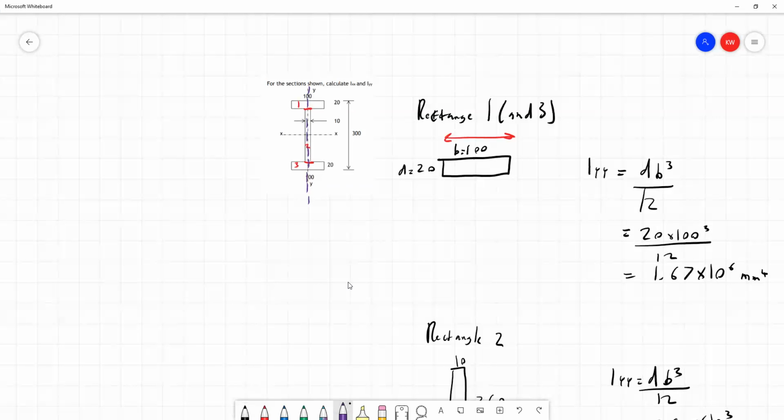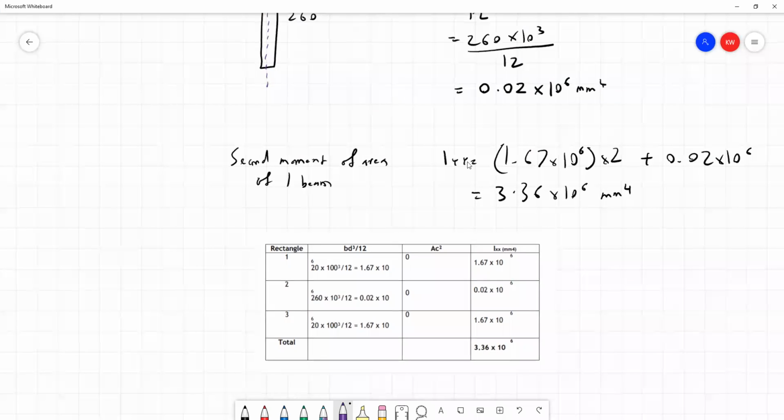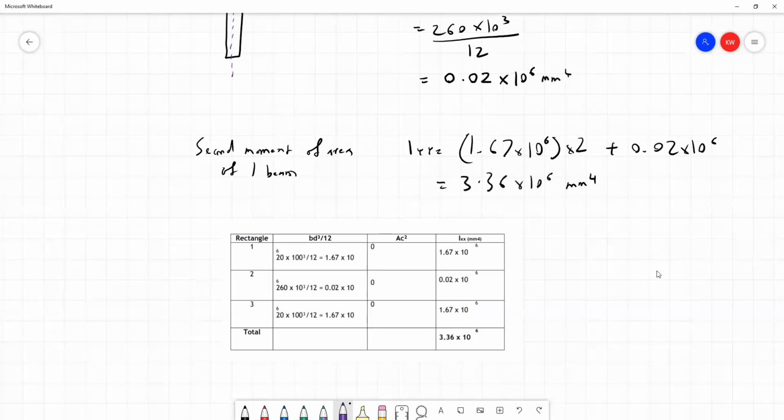What I mean is, this is the centroid of the flanges, this is the centroid of the web, and there's no way of measuring a distance between that because it runs along the same line. So that gives us the answer for the second moment of area, the y-axis.